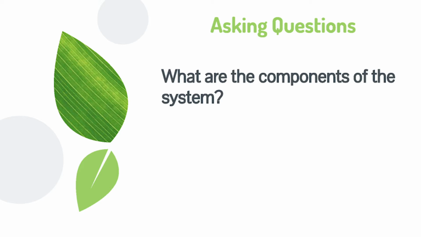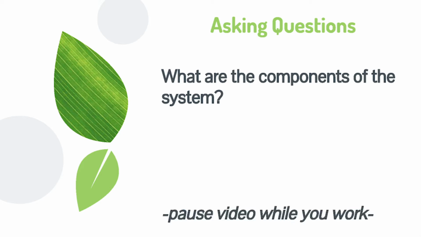If I was studying the forest in my backyard, the components would be the trees, soils, insects, and other living animals there. During these lessons, we'll give you a task like this and ask you to pause this video while you work. You can restart the video once you have completed this task of writing down what components are in the system you are studying.